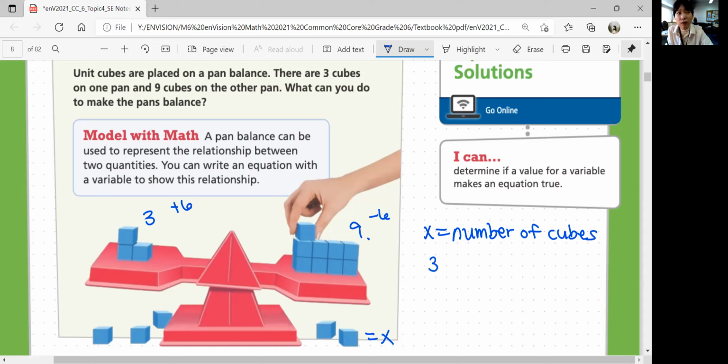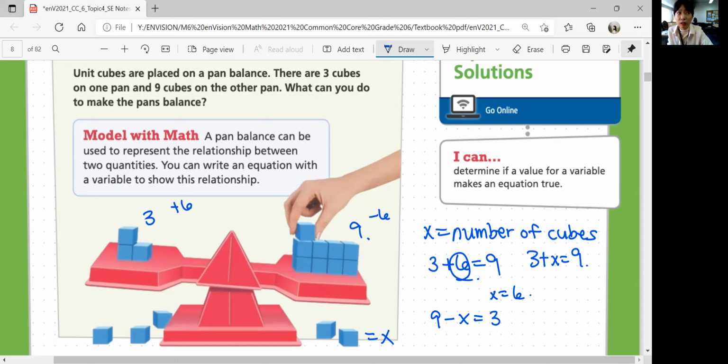So if you have added 6 cubes, you can say, oh, 3 plus x is equal to 9. And x, if you add 6 cubes, then you get 9. So x is equal to 6. Or if you're subtracting, 9 minus x to get 3, right?